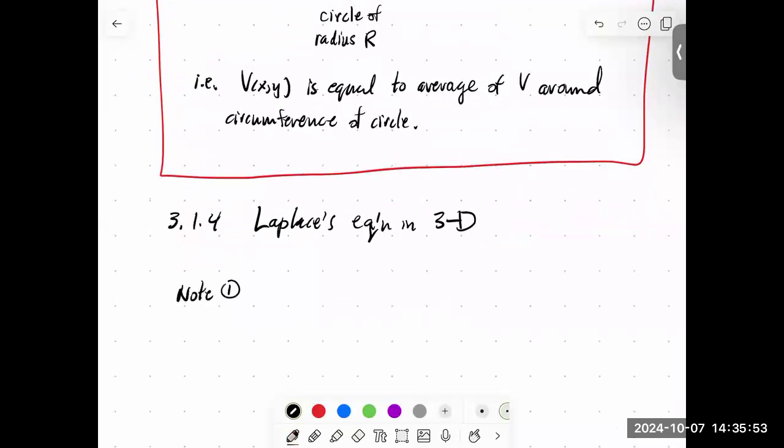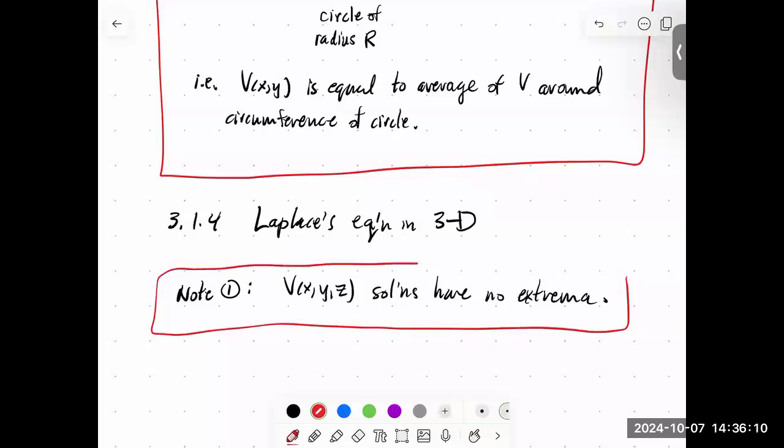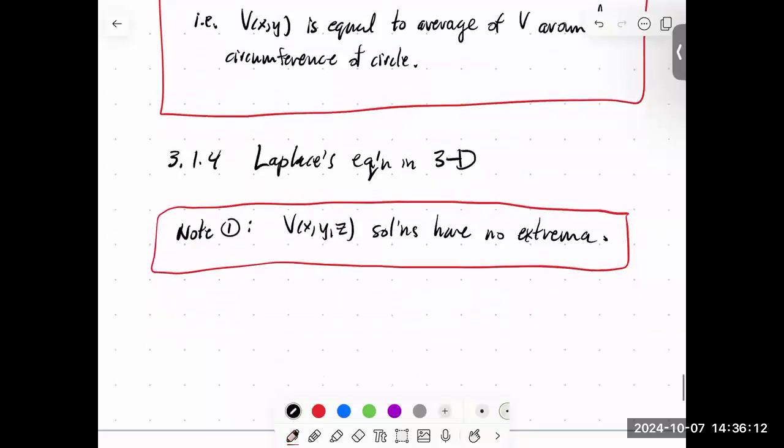Note number 1, V of x, y, z solutions have no extrema. Okay. And that's just a generalization of that Hessian matrix type argument that I'm not going to try to do.